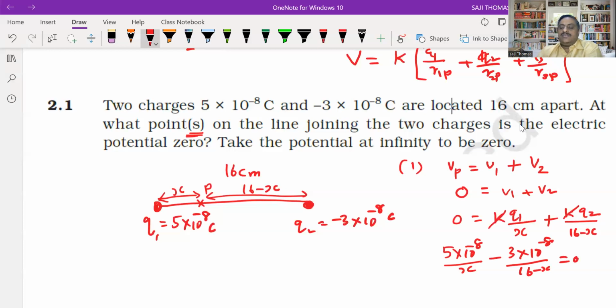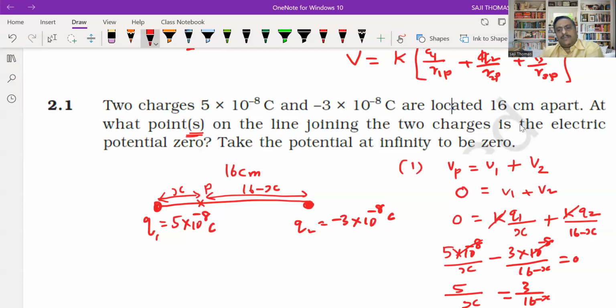You can take the negative term to the other side. 10 raised to minus 8 also you can cancel. So 5 by X minus 3 by 16 minus X equals 0. Or you can take that term to the right side. So 5 by X equals 3 by 16 minus X.